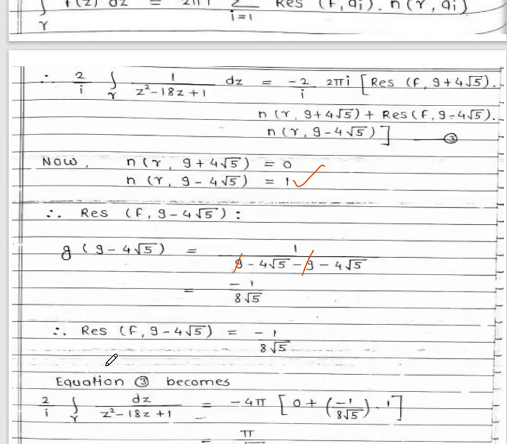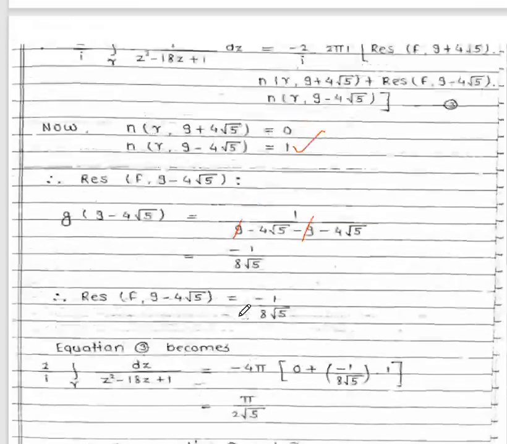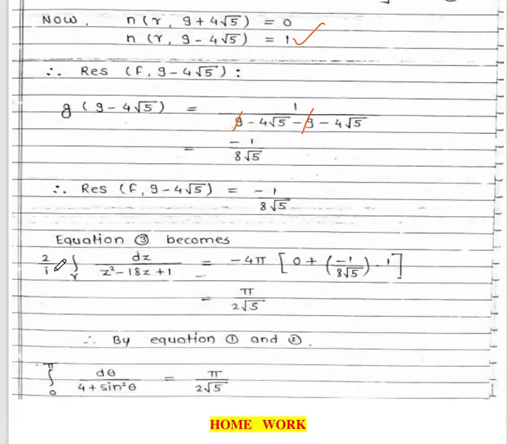Therefore the residue of this term is minus 1 upon 8 under root 5. Putting these values in equation number 3, we get 2 upon i integral over gamma dz upon z square minus 18z plus 1 equal to minus 4 pi, times the index of the first term which is 0 and the second term which is 1, and the residue of this term, that is minus 1 upon 8 under root 5. Solving this, we get pi upon 2 under root 5.